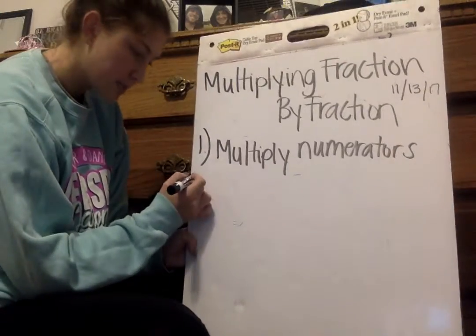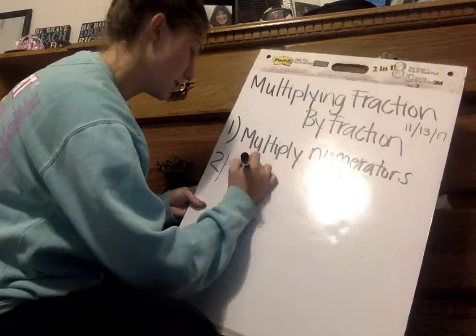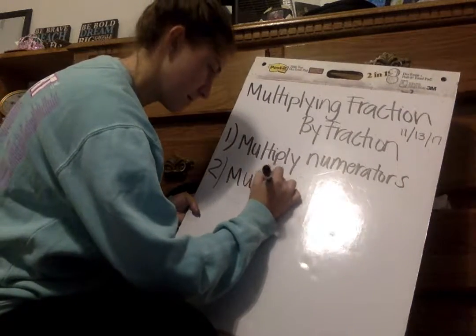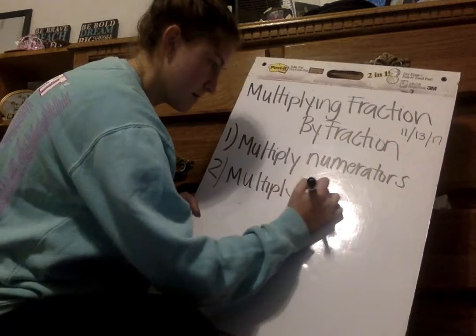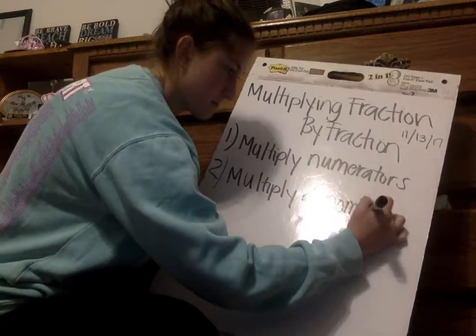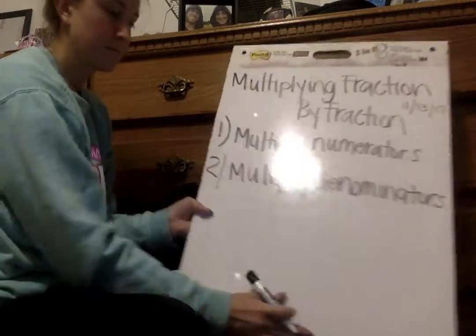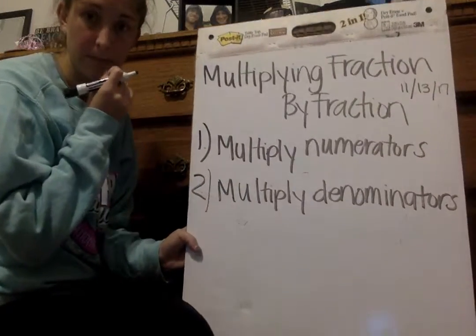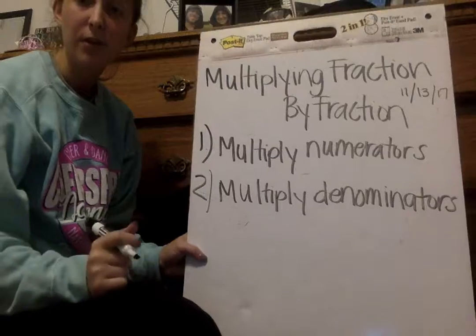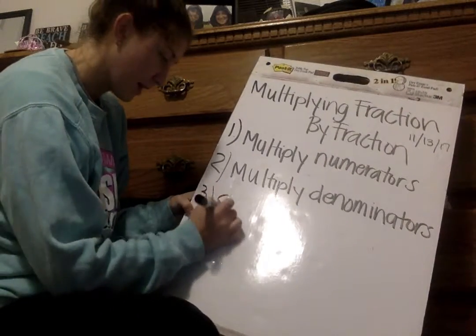Your second step is going to be to multiply the denominators. Lastly, the third step is just going to be to simplify.